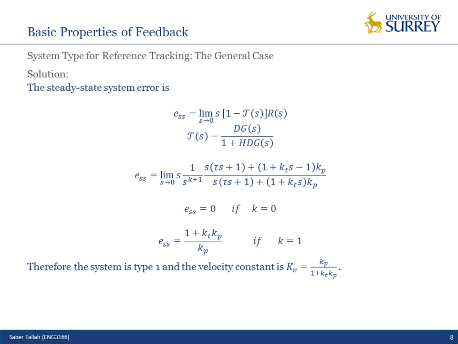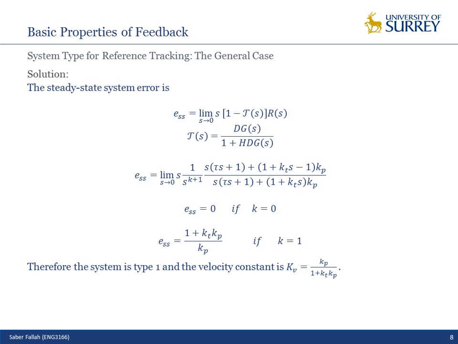It will be 1 over s squared, s will be cancelled out with this one, and will be 1 over s. s(tau s plus 1) will be 0.